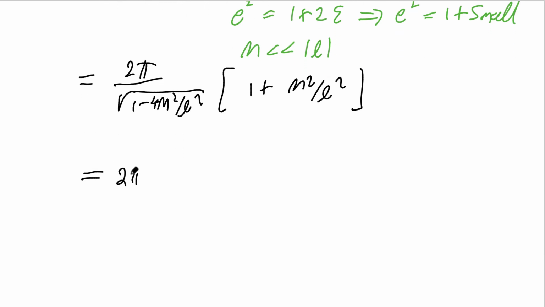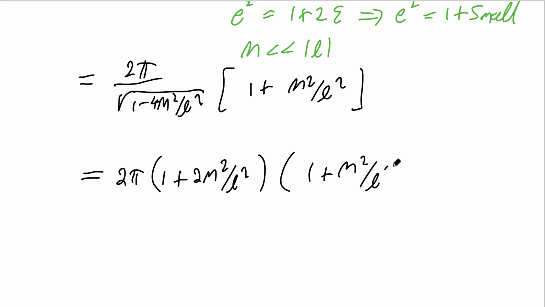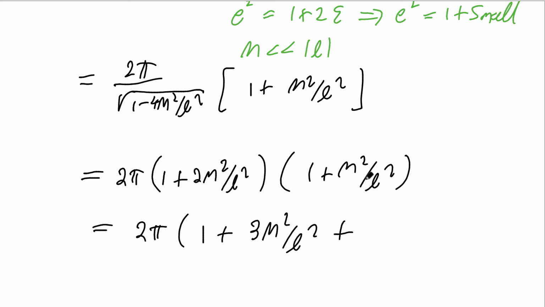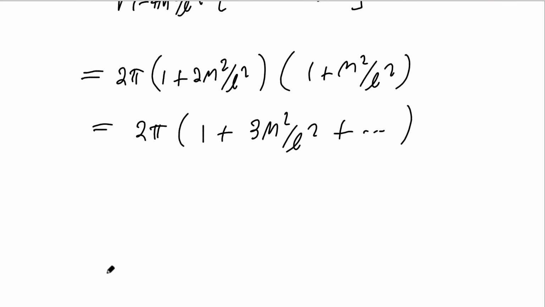And this is 2 pi times 1 plus 2m squared over L squared plus the higher order terms that we're dropping times 1 plus m squared over L squared. So multiplying this out, we now have 2 pi times 1 plus 3m squared over L squared plus higher order terms that are proportional to m to the 4th divided by L to the 4th. So this is our final result.